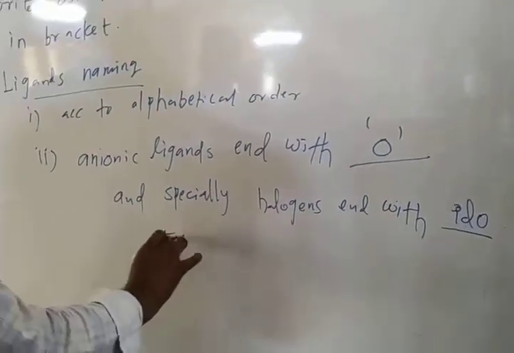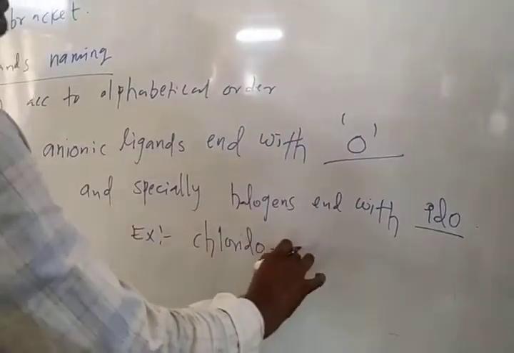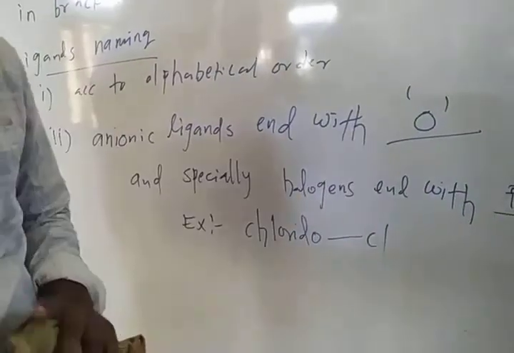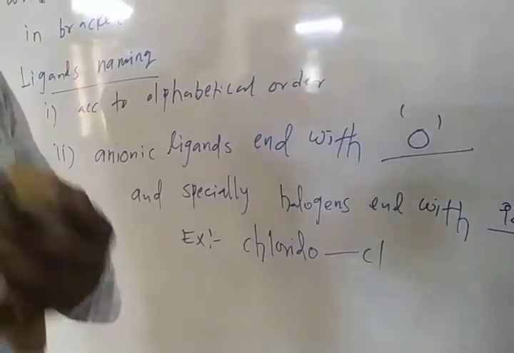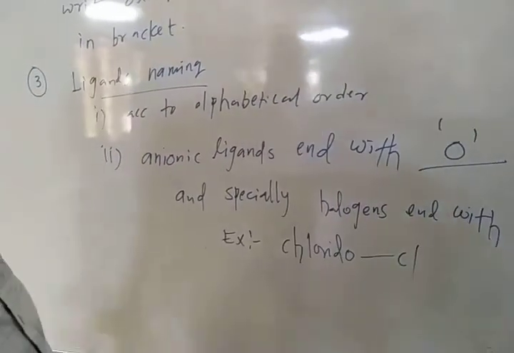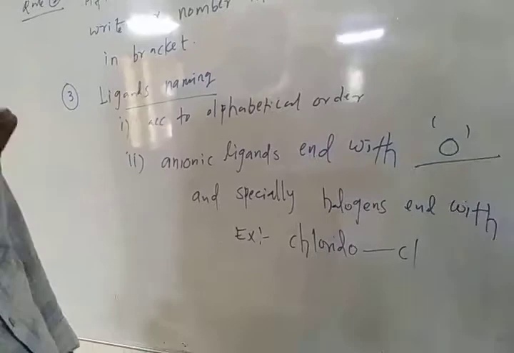Example, chlorido. If chlorine is present, chlorido. If bromine is present, bromido. Fluorido, like that. Then other ligands end with O: hydroxo, amido, cyano, like that.